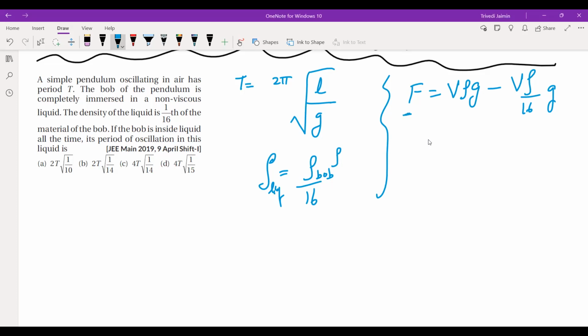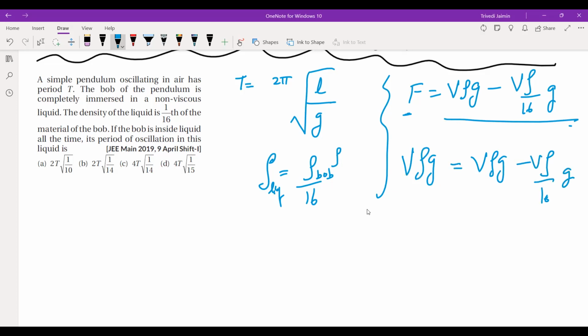Just get this value, substitute it, and we can get the final form. That's it. So I can equate this as rho g effective; let's take effective as g only. So V rho g minus V rho by 16 g.